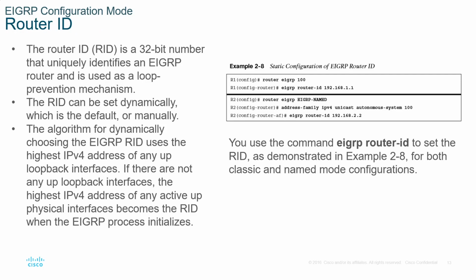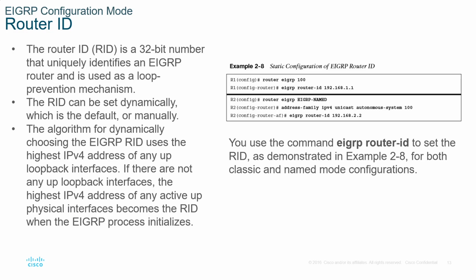Now, just like OSPF, EIGRP does have a router ID and it uses a 32-bit binary number. So once again, just like an IPv4 address. And this is used to help prevent loops.